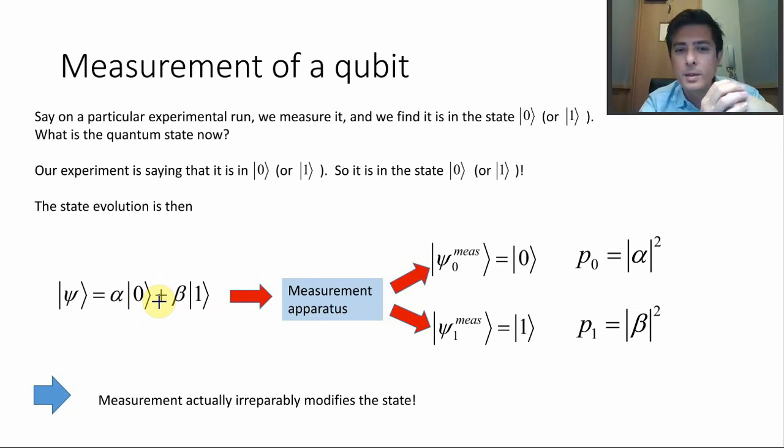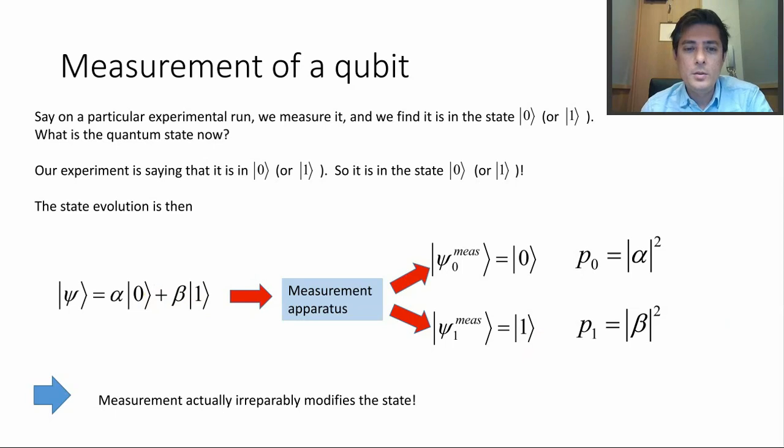You take a picture of something, it doesn't interfere with it. You're just an observer looking at the object, and it doesn't affect the object itself. But in quantum mechanics, the measurement really interferes with the object. It's a destructive process that completely changes the nature of the state.